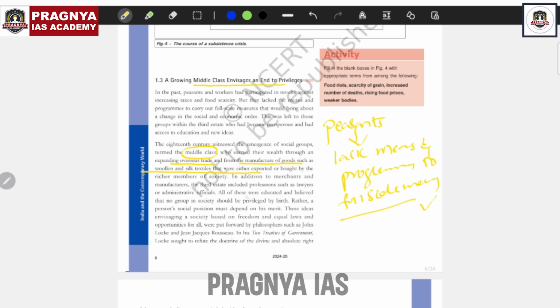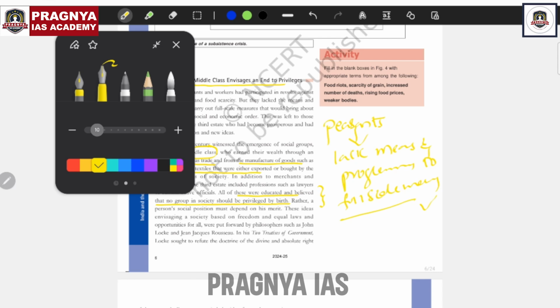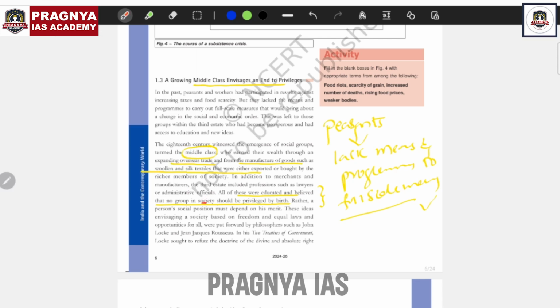See, all these middle class people were educated and believed that no group in society should be privileged by birth. This is very important. Rather, a person's social position must depend on merit.